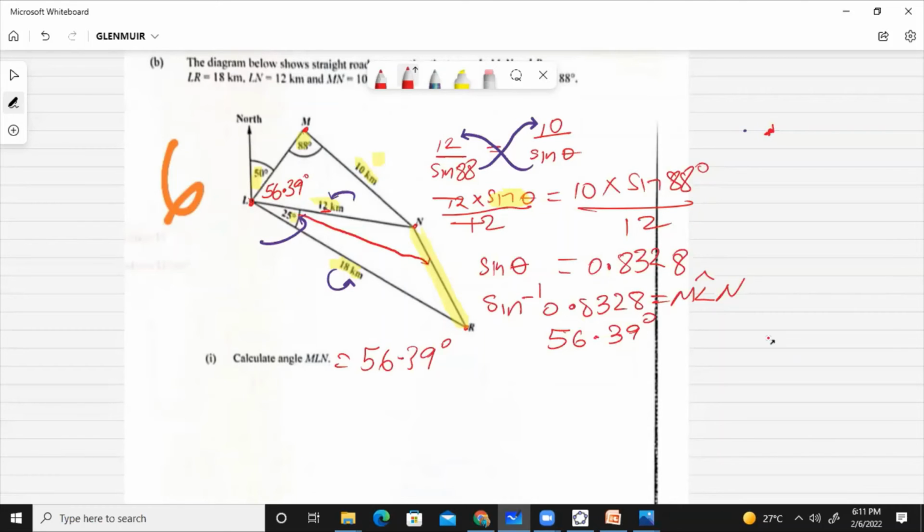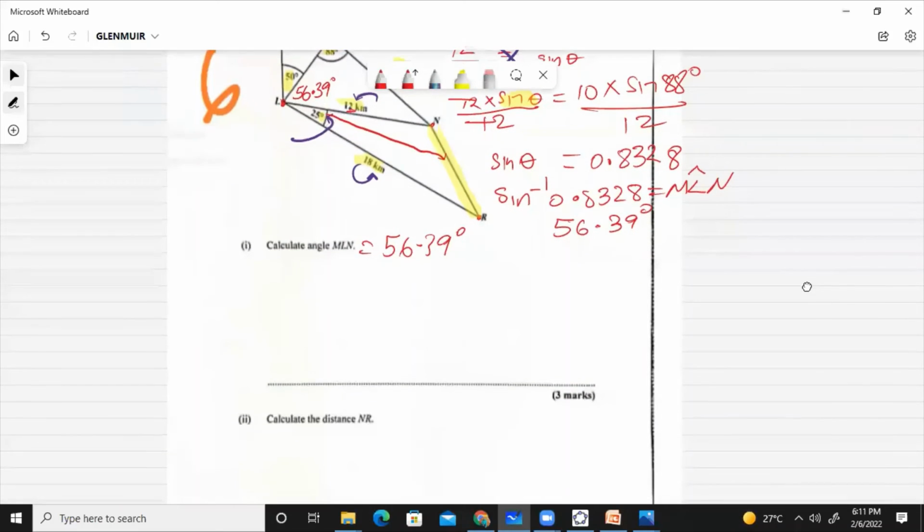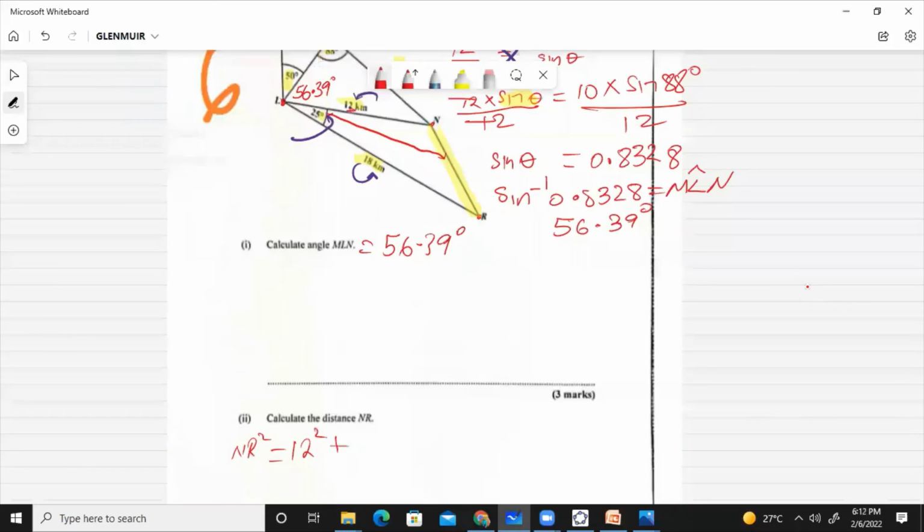So we are saying that now we're going to set up our cosine rule. Let me catch the diagram there to look at it. Cosine rule is saying that the side across from the angle, or the side opposite to the angle, which is NR, NR square is equal to 12 square plus 18 square minus 2 times 12 times 18 times cosine of the angle.